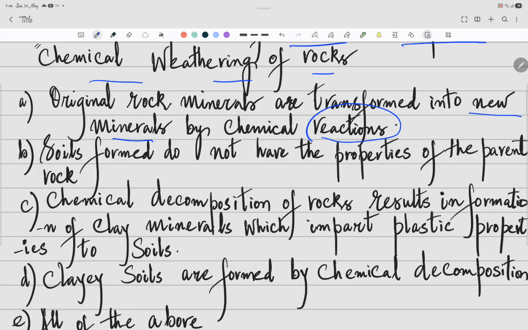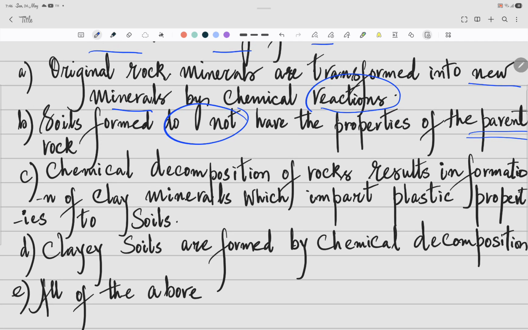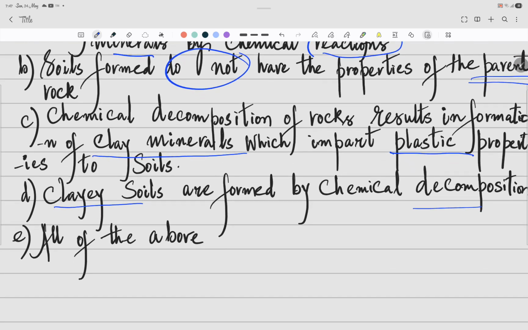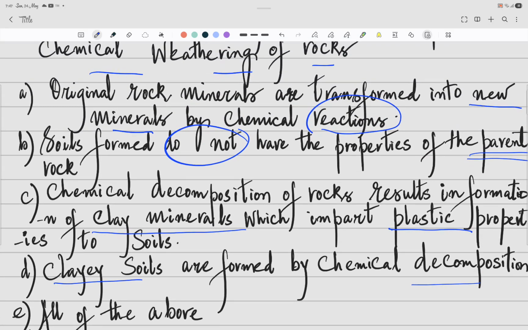Soils formed do not have the properties of the parent rock. Chemical decomposition of rocks results in formation of clay minerals which impart plastic properties to soils, and clay soils are formed by chemical decomposition. And the last option is all of the above, which is true.